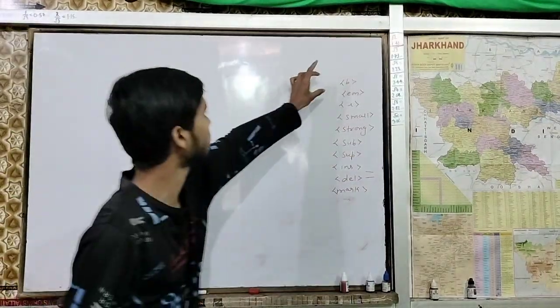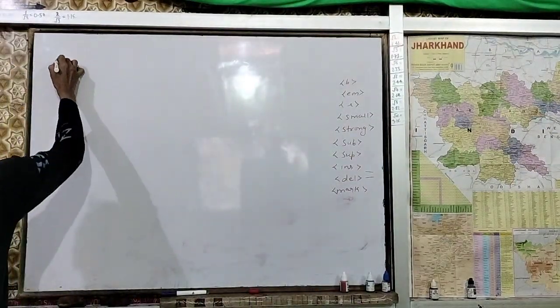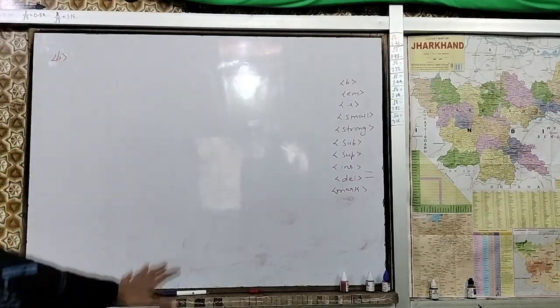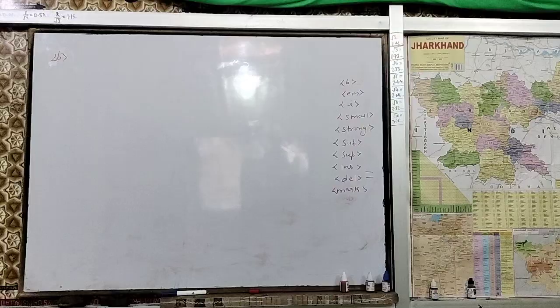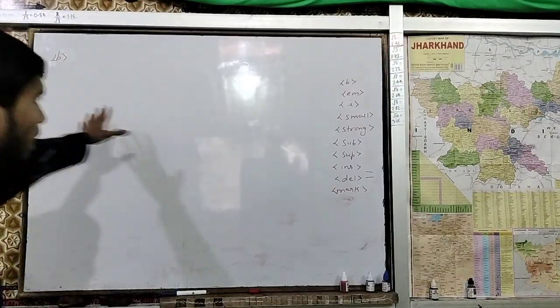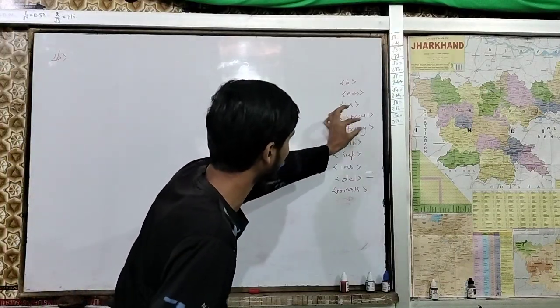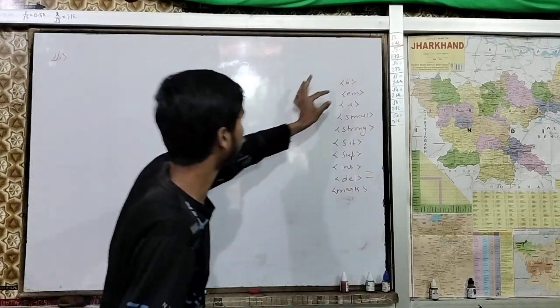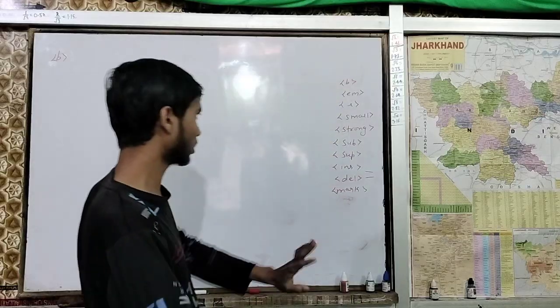I have explained this tag B. B stands for bold. We can also replace this tag by using strong. The work of B and strong is the same. The work of EM and I is the same.